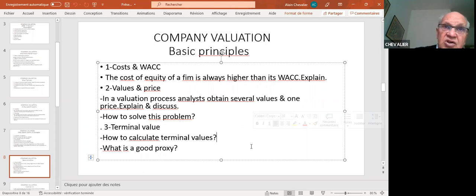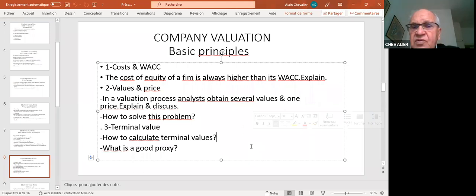And on the contrary, firms, even groups, which are concentrated in one kind of economic sector have a better value.